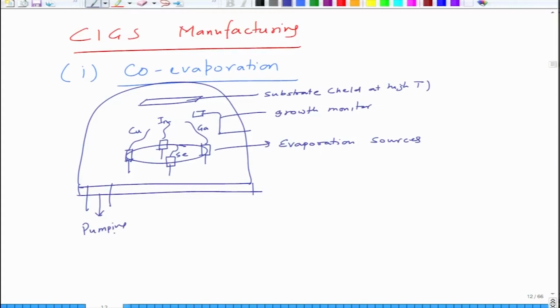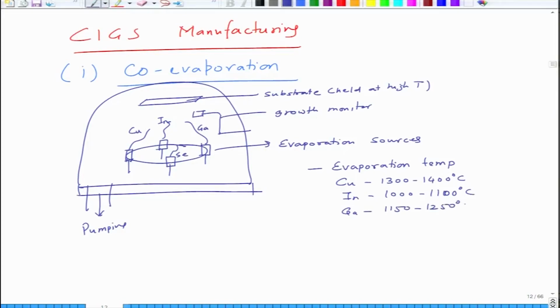So you co-evaporate these things together. The evaporation temperature of copper is about 1300 to 1400 degrees centigrade. Indium, this is in vacuum by the way, 1000 to 1100 degrees centigrade. Gallium would be 1150 to 1250 degrees centigrade, and selenium would be 300 to 350 degrees centigrade.